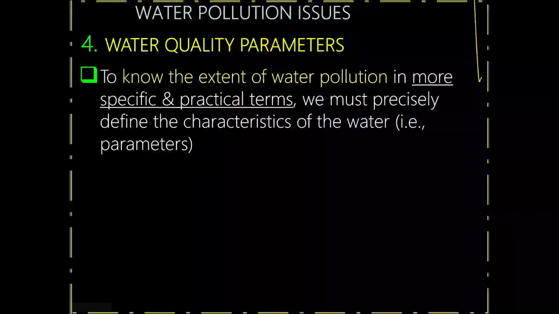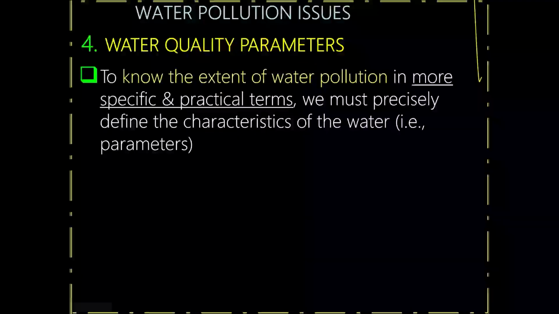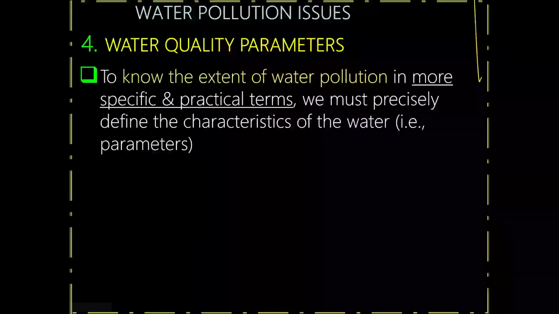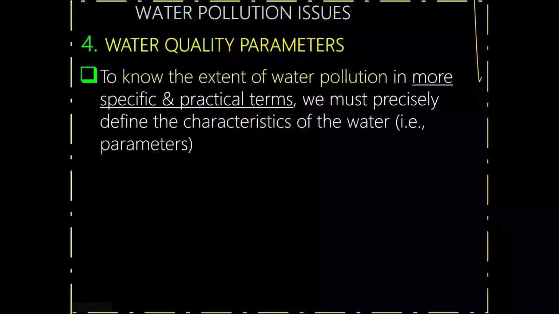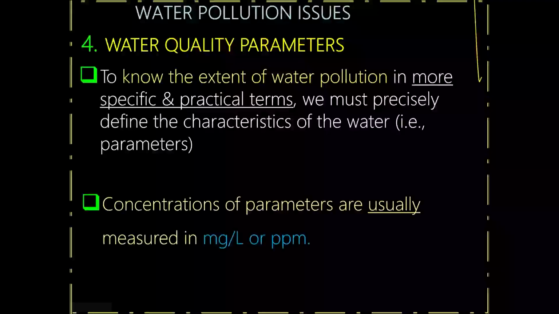So these parameters are different. Sewage parameters are different. Drinking water parameters are different. So you cannot use just one particular parameter to measure for all water that you want to release. So concentration of parameters are usually measured in milligrams per liter or ppm. These are the parameters or how it is measured.